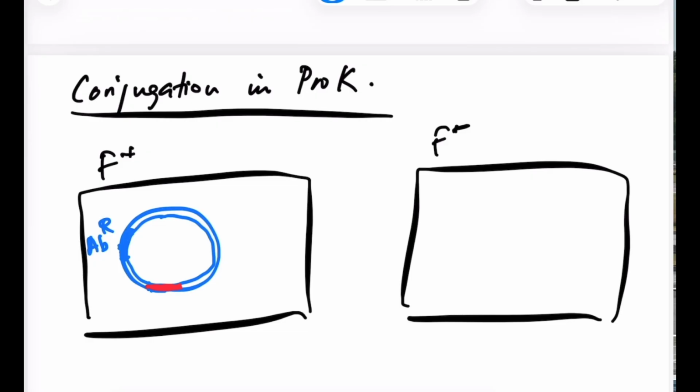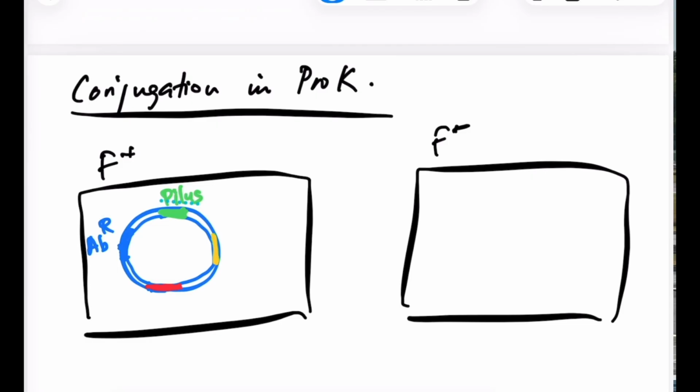Part of it may be the pilus gene or any other genes. So the whole plasmid actually carries several different genes in there.